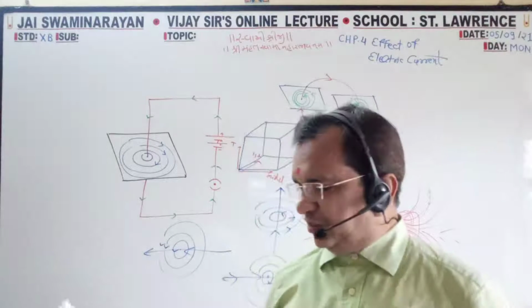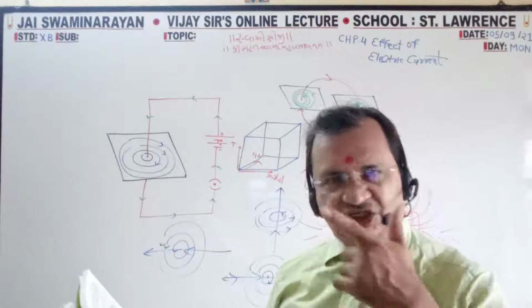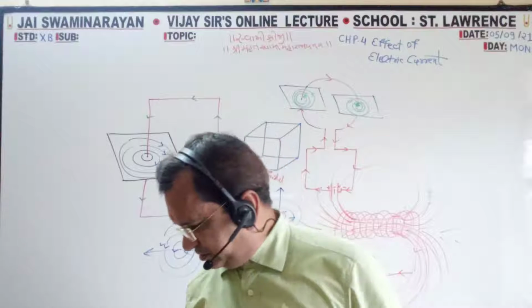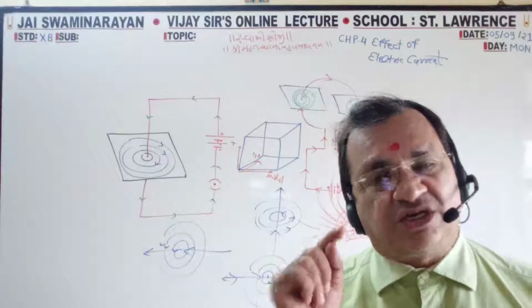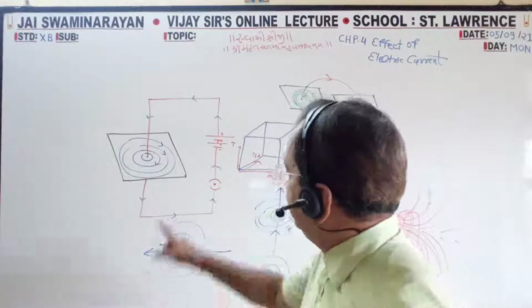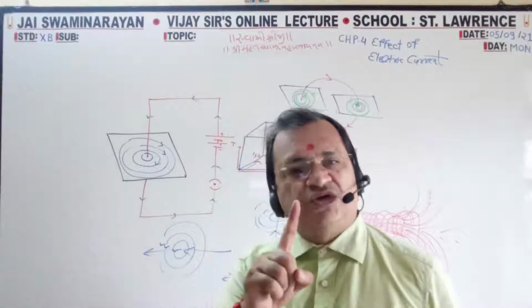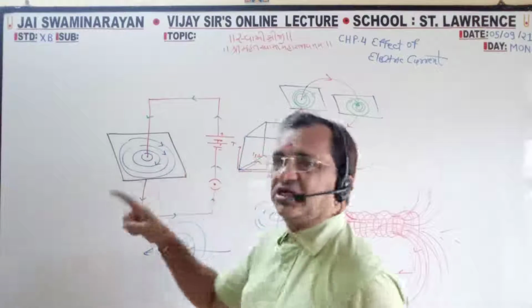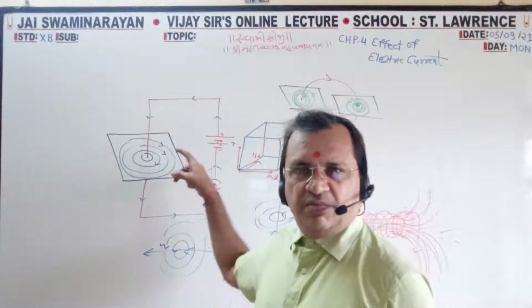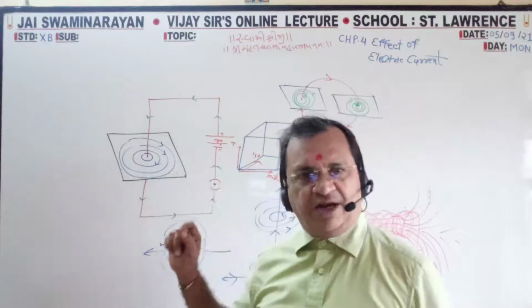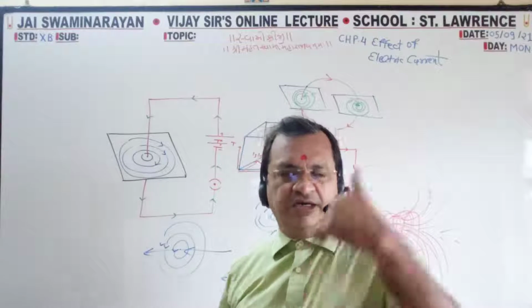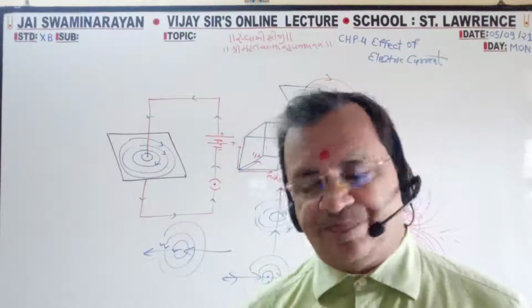The middle finger is the direction of the current, and the first finger is the direction of the magnetic field. Both are perpendicular and repel each other and give a force on the thumb.